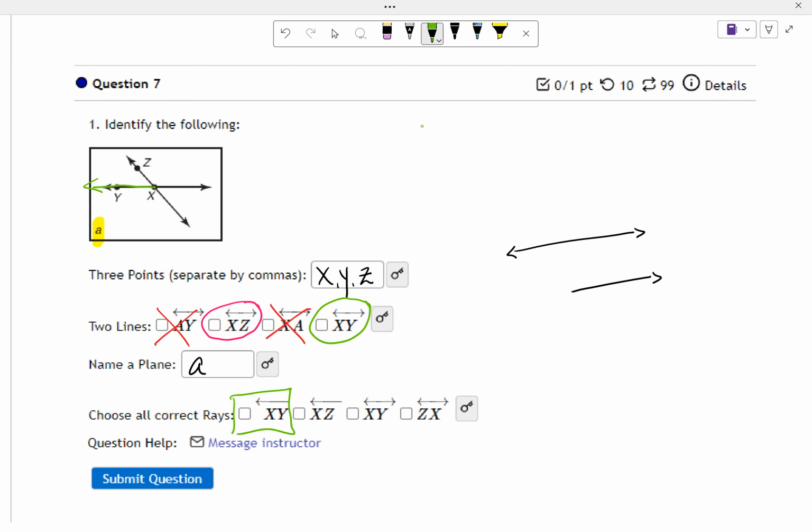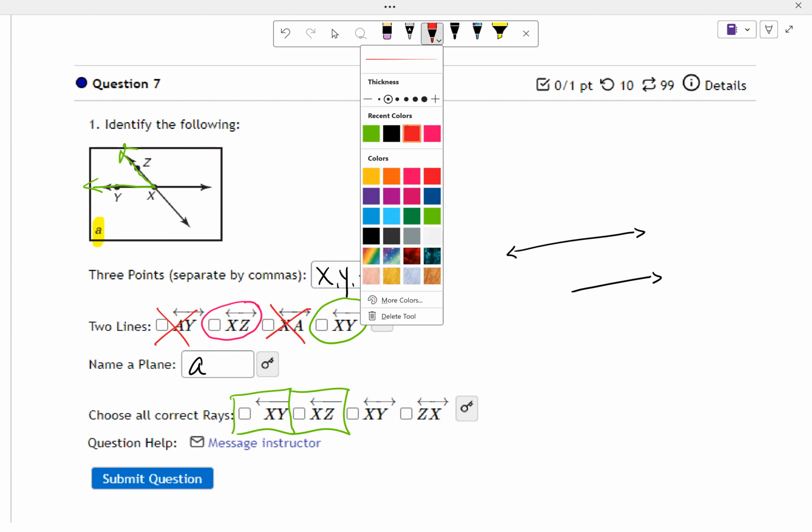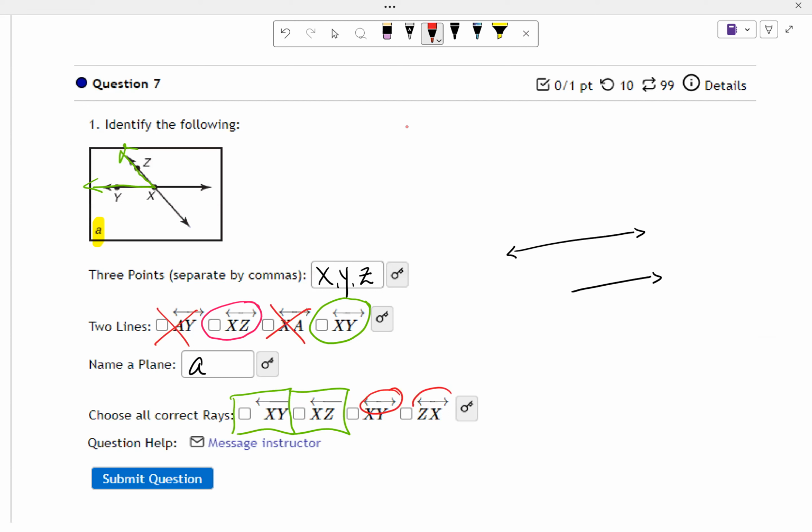Next, we have XZ, also a possibility. And then if I think about XY down here, the notation they're using, do you see how they have arrows on both ends? These would mean that we're talking about lines, not a ray. So we don't want to choose those two because those are talking about lines. We want to look at rays.